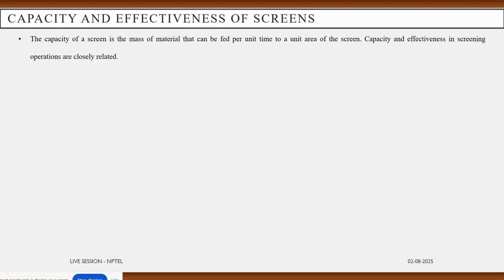So the capacity of a screen is the mass of the material that can be fed per unit time to a unit area of the screen. This capacity and the effectiveness in screening operations are closely related.